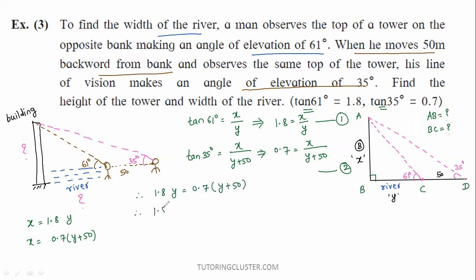So 1.8Y is equal to 0.7(Y plus 50), so 1.8Y is equal to 0.7Y plus 0.7 into 50, which is 35. Taking 0.7Y to the left side, 1.8Y minus 0.7Y is equal to 35.